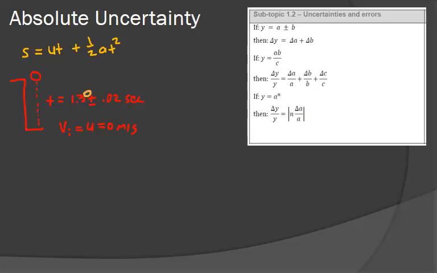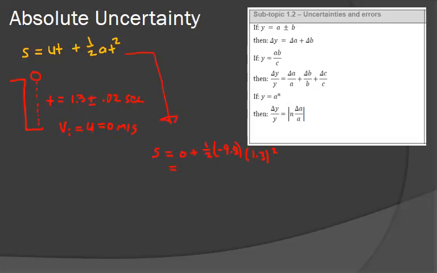We'll say 1.30 because again, if we're giving some precision here, I need to be consistent. We're looking to the next digit. Although it could be that it's a digital readout, and that's okay. So the initial velocity, remember we use the symbol U for that, is 0. And we want to find out, how high is this with the uncertainty.